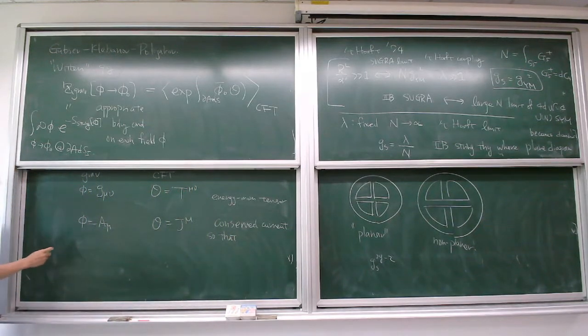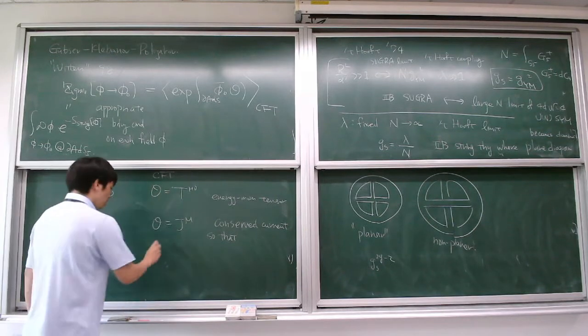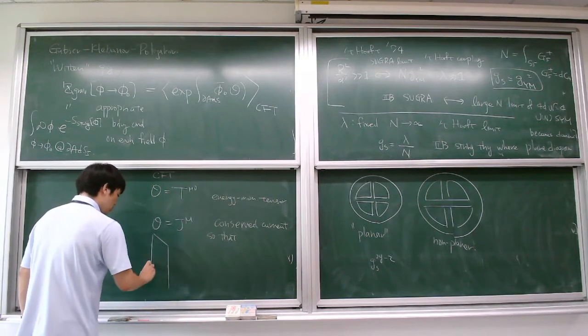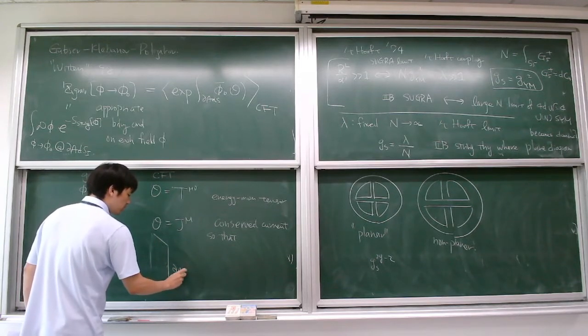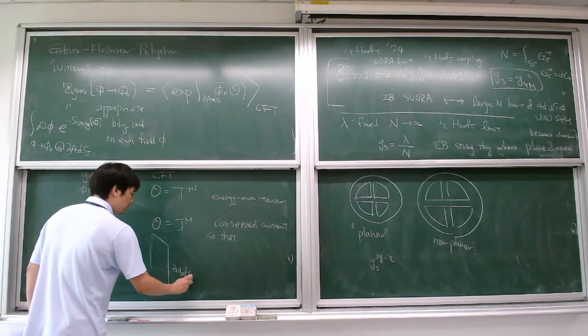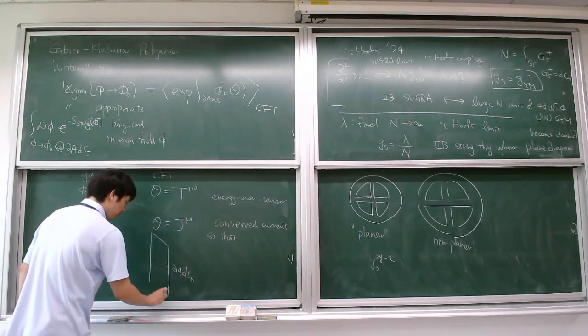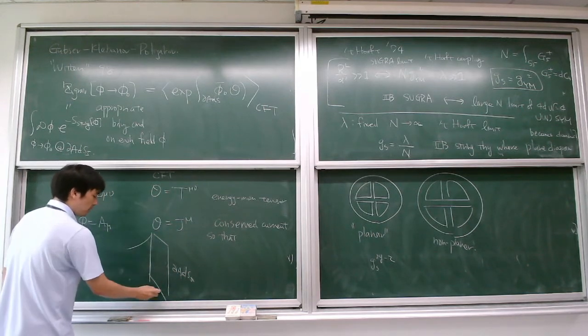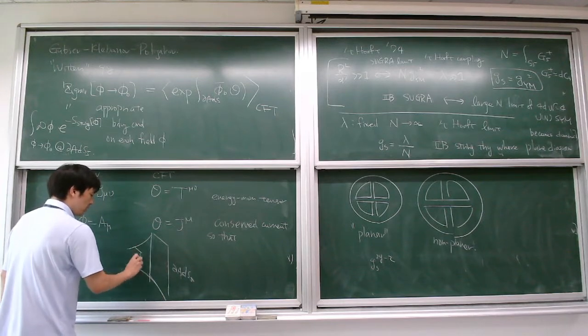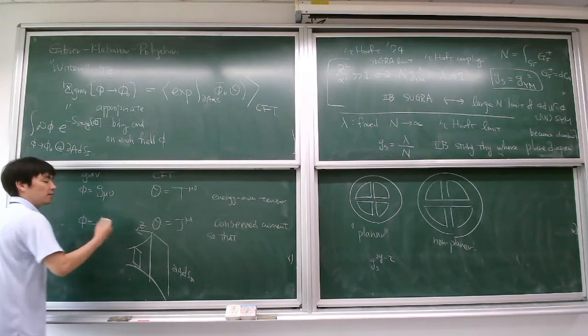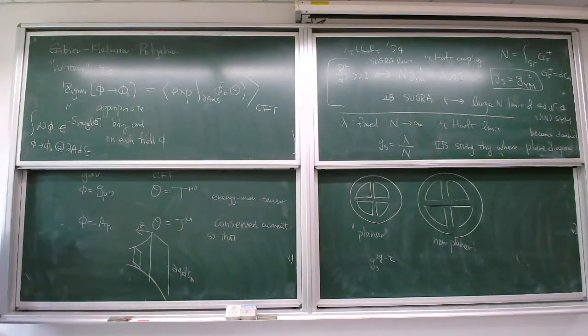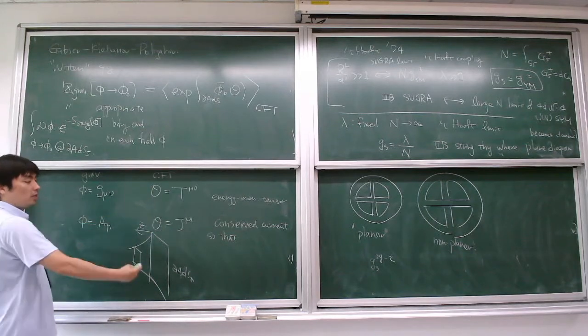So we are considering the following situation. Maybe I should write it this way. There is a boundary of AdS space, AdS 5, and you have a bulk field. I'm just being schematic. Consider this direction as the z direction. At z equals 0, you have a boundary. This is the bulk and this is the boundary.